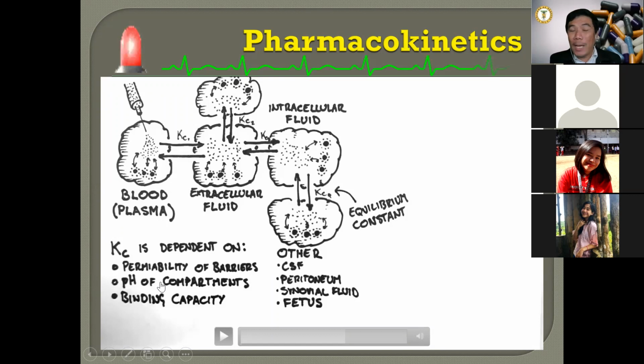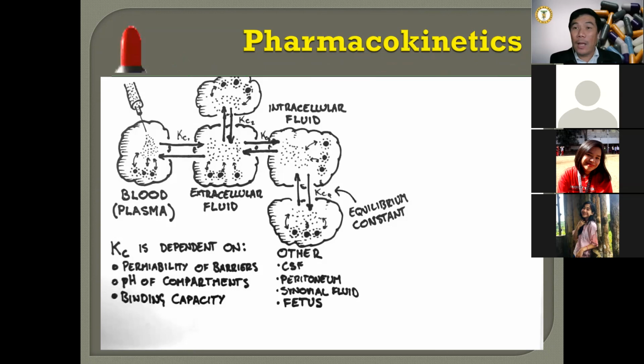If we talk about the pH of compartments, for example, too much acidity or too much alkalinity of the compartment may also counteract the drugs for their distribution. The too much acidity and too much alkalinity itself.